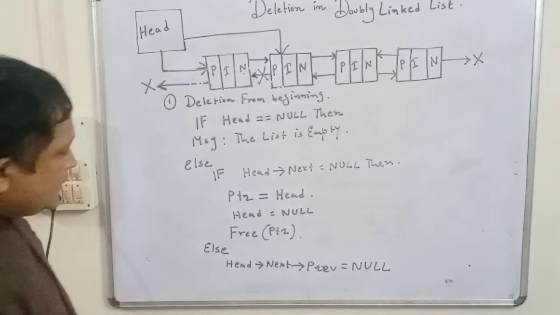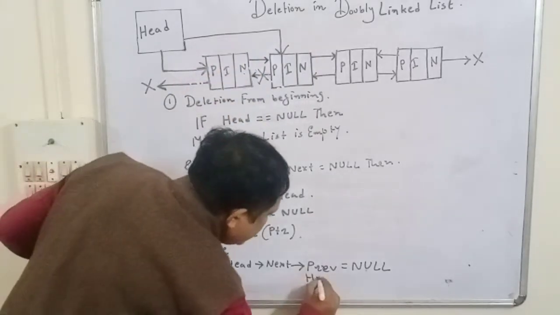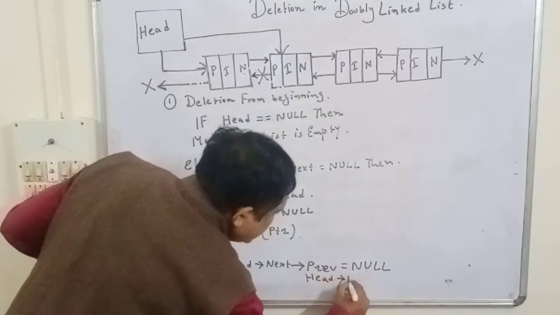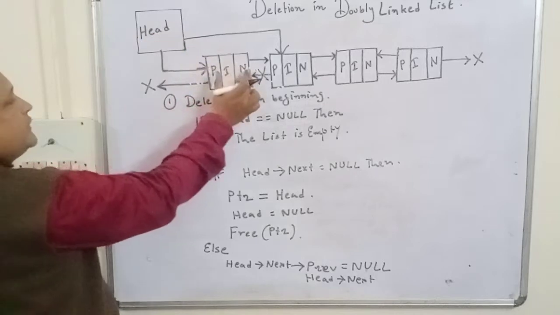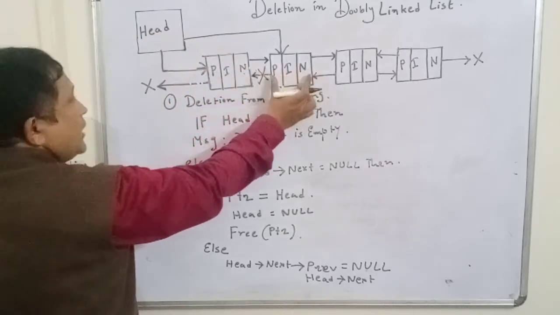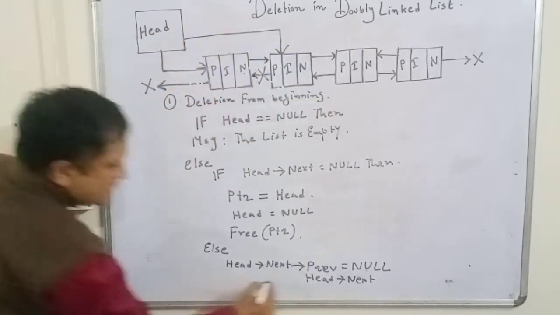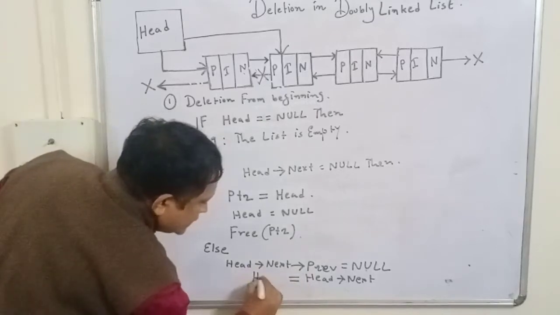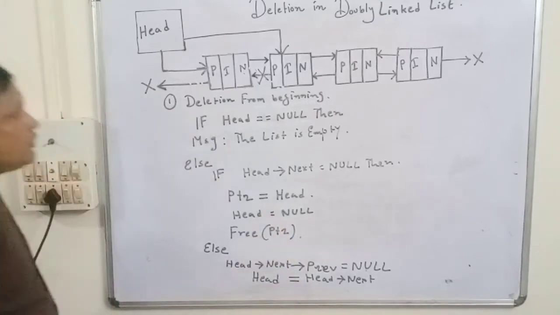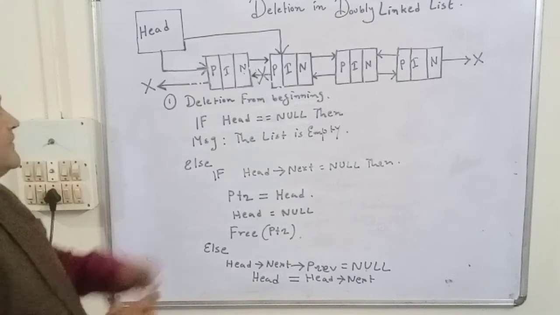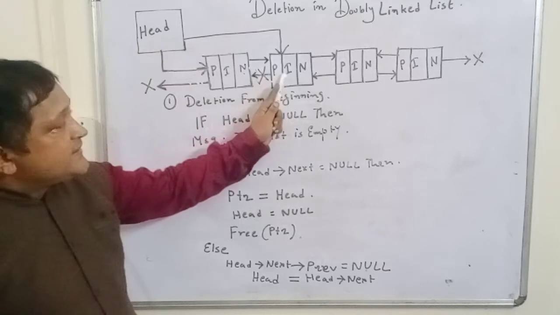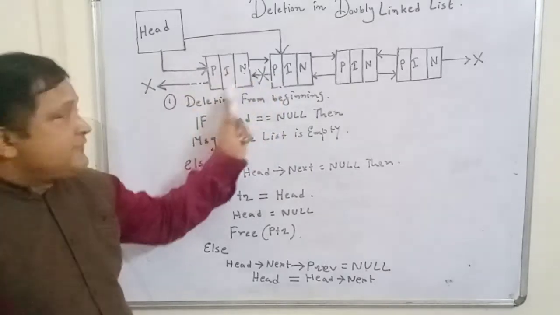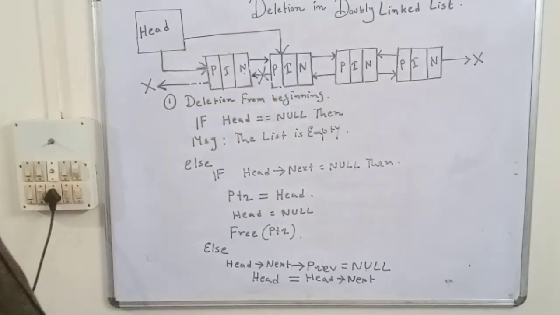So head next, the next part of the node pointed by head, is holding the address of the second node. Now this address directly will be assigned to head. The head will, from now onwards, carry that address, so that head can point directly to the second node instead of going via the first node. So we have established that.